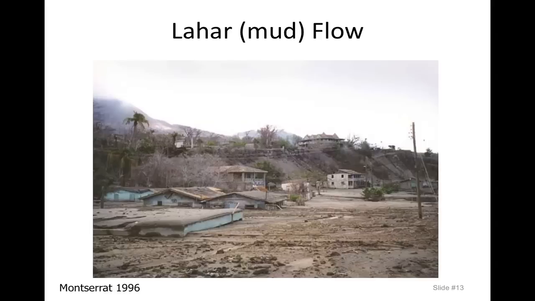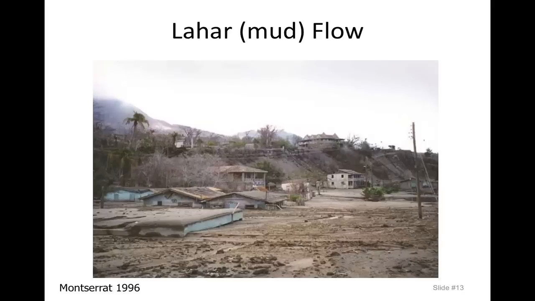This is a danger that Mount Rainier in Washington State can certainly pose on the residents around that volcano. And in fact, this has happened in the geologic past with this volcano, because we see the deposition left behind from the ancient mud flows that Mount Rainier has done.